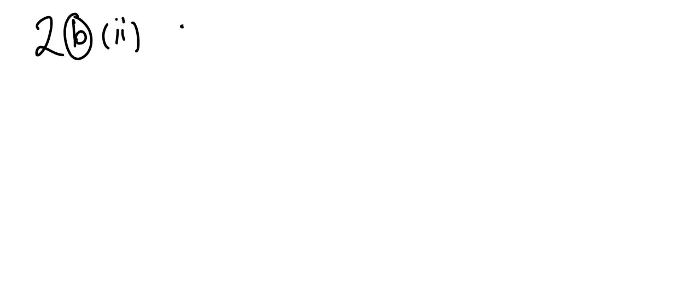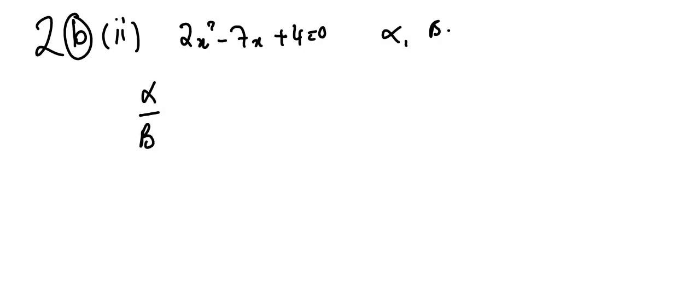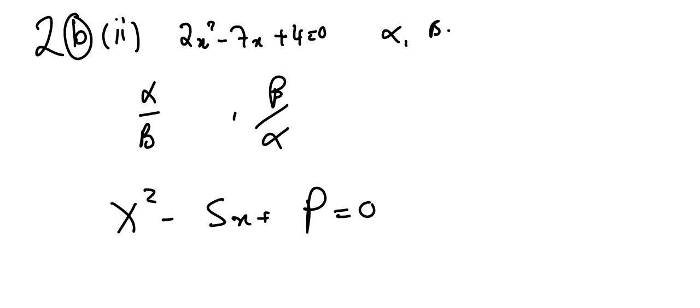The roots of the equation, which is given as 2x² + 4..., are simply alpha and beta. They want us to find an equation with integral coefficients whose roots are alpha over beta and beta over alpha. To create a new quadratic, we always use this formula.